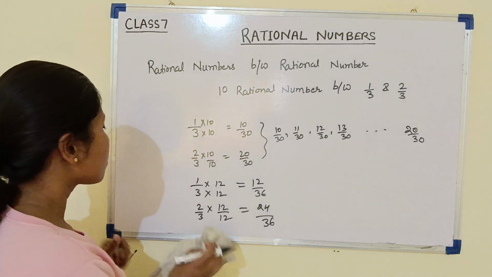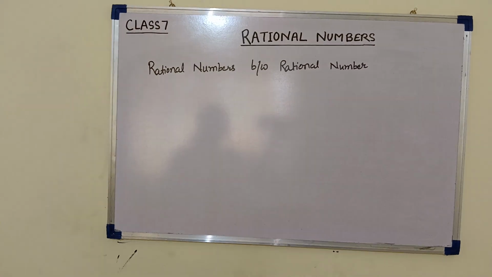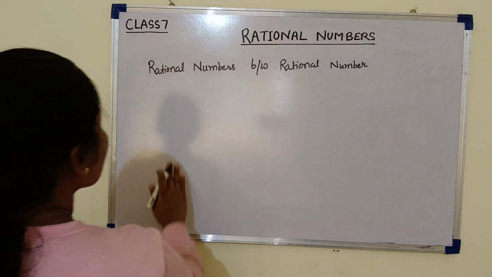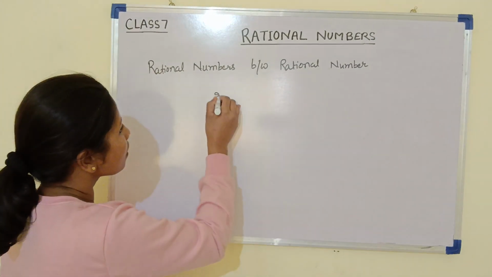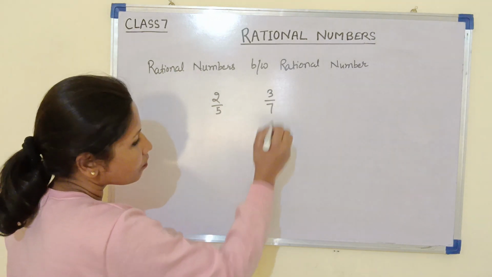So what we have taken into consideration is equivalent fractions. Okay, fine. Let's take some other example, like 2 by 5 and 3 by 7.